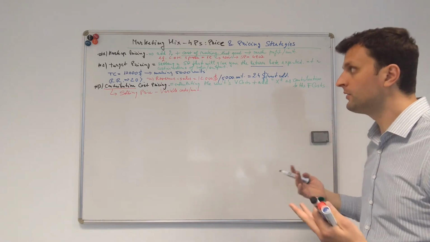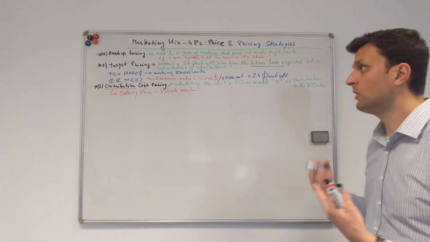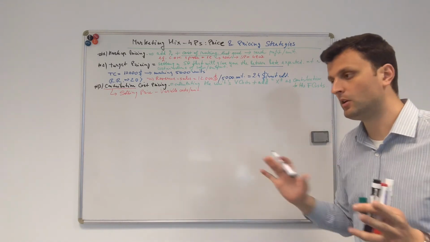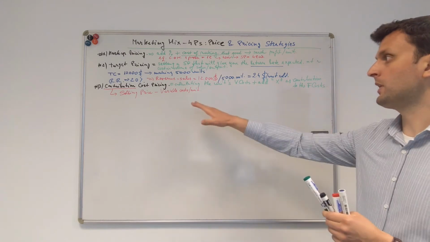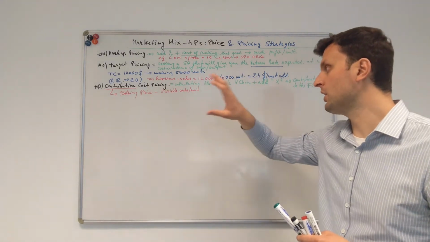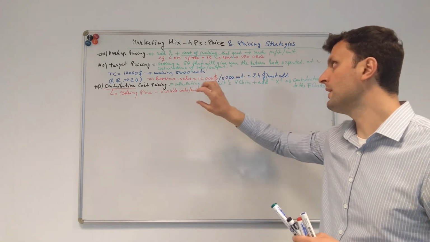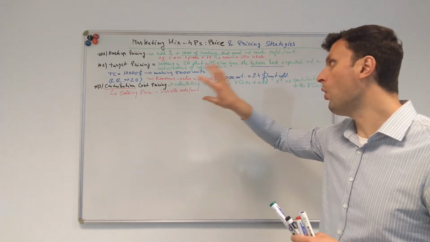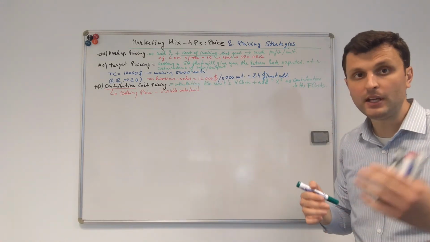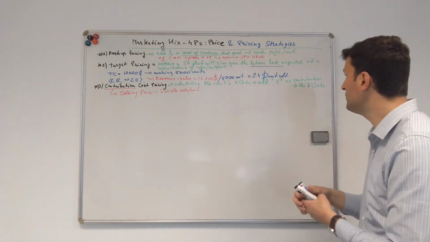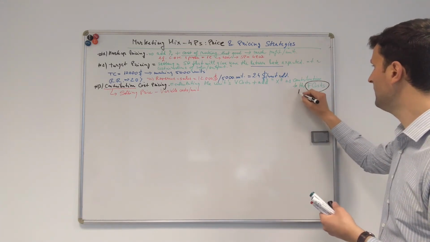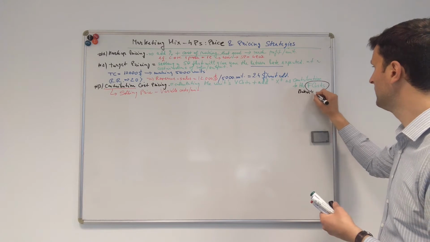If you were to listen again to this formula without understanding what contribution is and variable costs and fixed costs, it would actually make no sense. So I did explain what contribution is. The contribution is the difference between selling price and the cost you would actually have, which occurs only when you make that product. So I would give the example of a fixed cost to be a baker's salary.